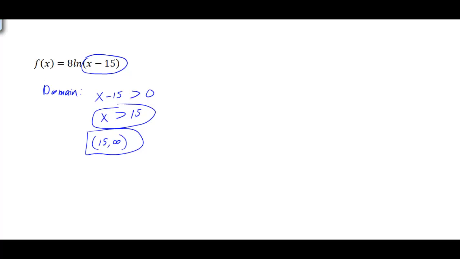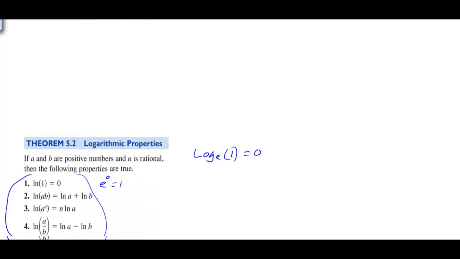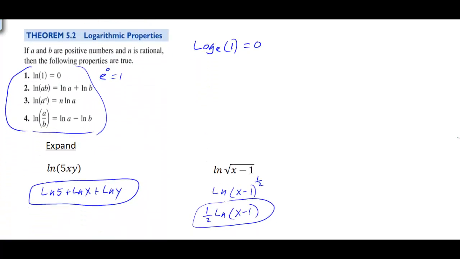That's why, in the examples here, we have to set the expression we're taking the natural log of greater than 0, because if it's 0 or less than 0, it's not within the domain. And recall your properties for logarithms on how we can expand or condense logarithms, because we will use this in the next couple sections when we start to look at finding derivatives involving natural logs.